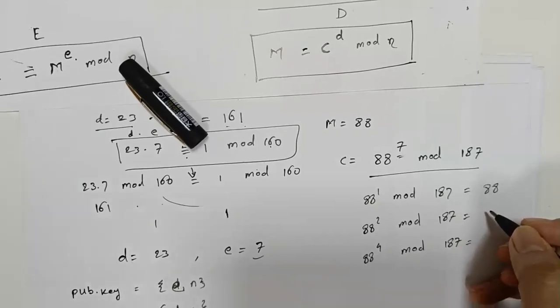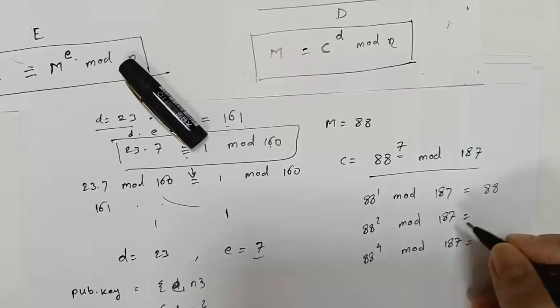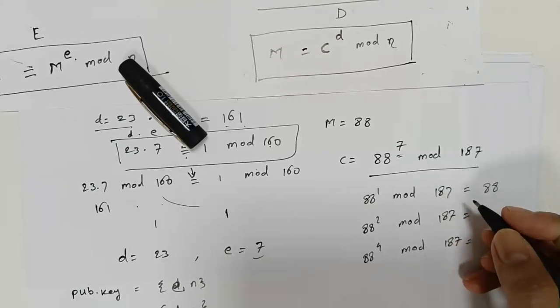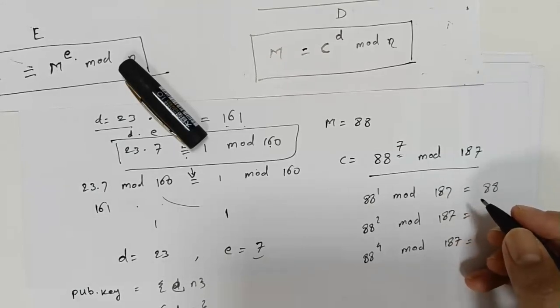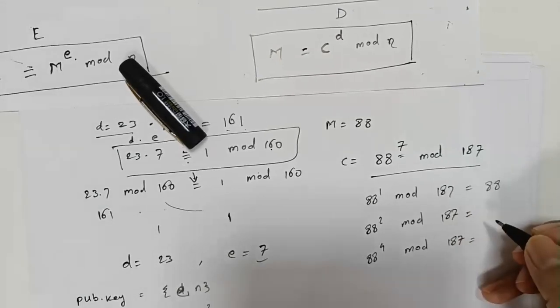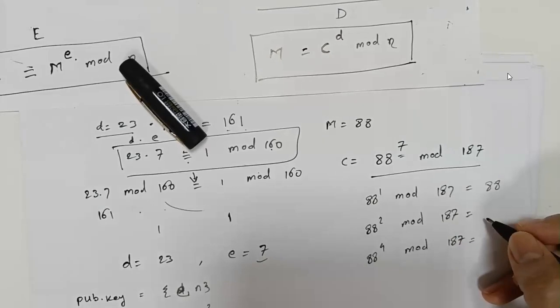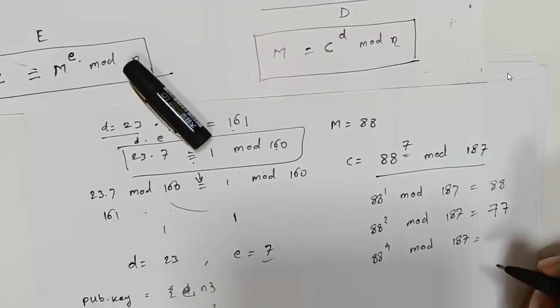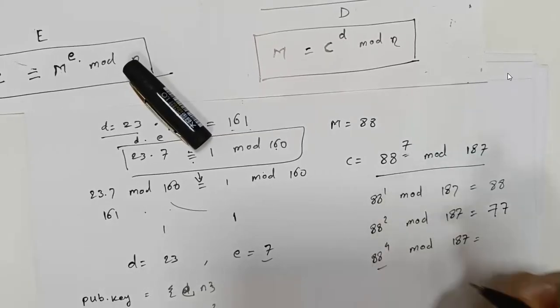You may use the calculator for 88 raised to 2. So it is 77. Okay, good, 77. And this one?